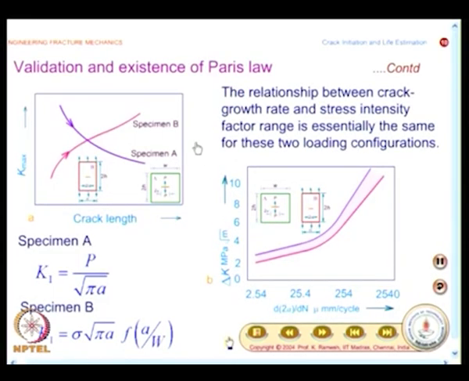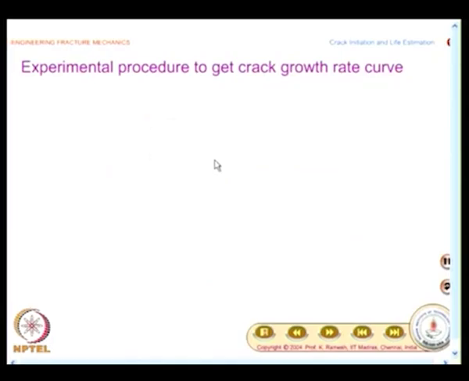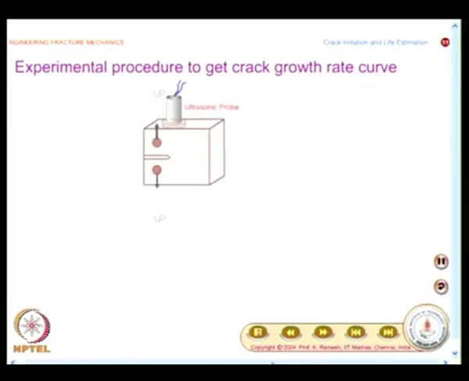So, the relationship between crack growth rate and stress intensity factor range is essentially the same for these two loading configurations. So, that provided enough confidence for people to follow and use the Paris law. Many modifications have come on this that we shall see. And this is just to show a summary of how to get the crack growth rate curve and end with your Paris law.